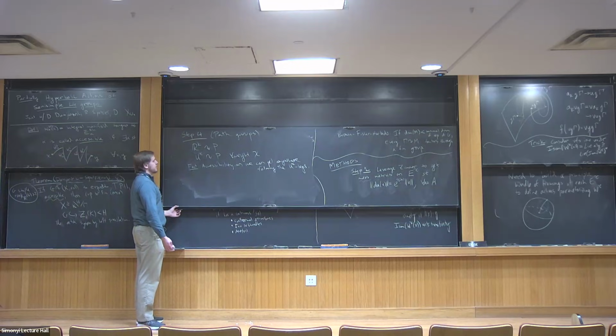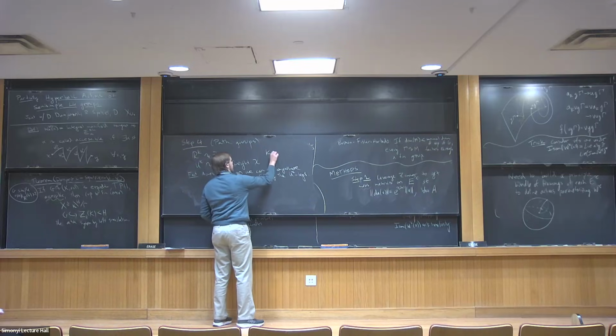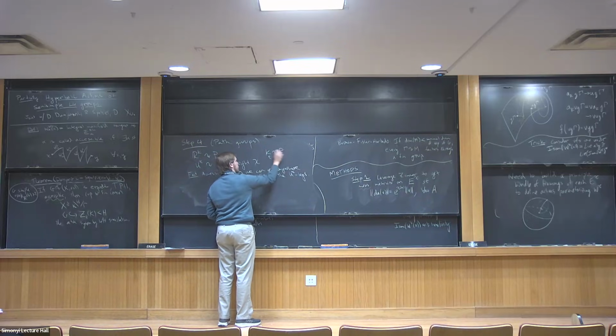So what's the idea? The idea is that if this is really going to factor through a group action, I just need to include all of these. There's one other group that I need to include, and that's K. This is the structure group of the principal bundle.